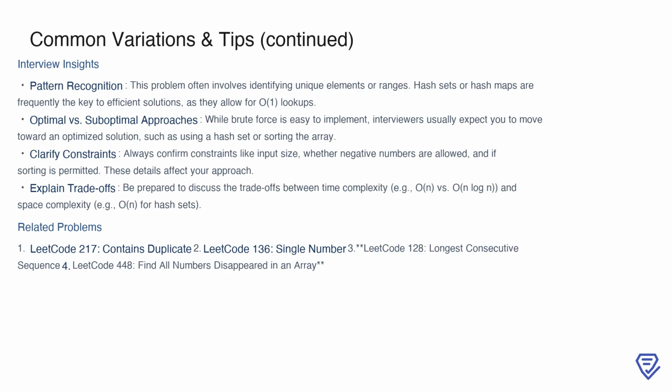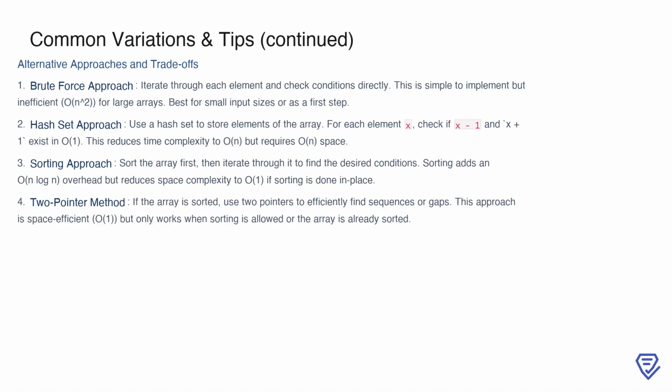For example, you might compare the time complexity of O(n) solutions with O(n log n) alternatives or weigh the space complexity of using a hash set versus maintaining an in-place solution. Familiarizing yourself with related problems such as LeetCode 217, 136, 128, or 448 can also help you identify recurring themes and apply similar strategies. To wrap up, let's explore some alternative approaches and their trade-offs.